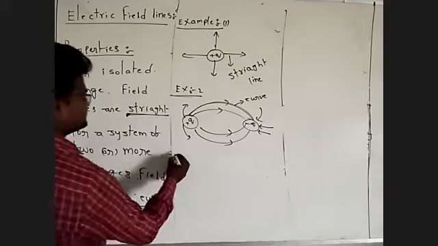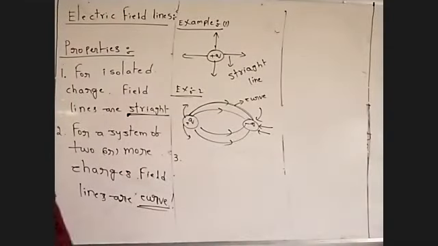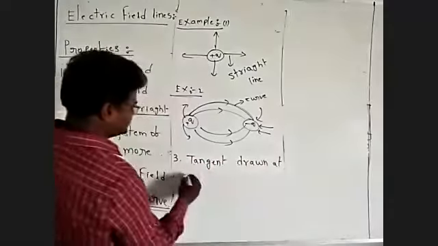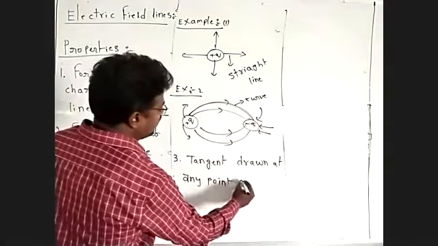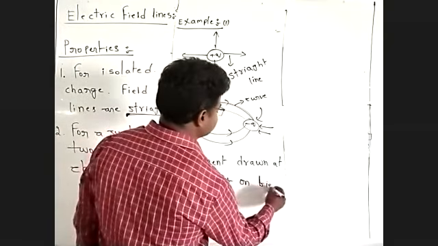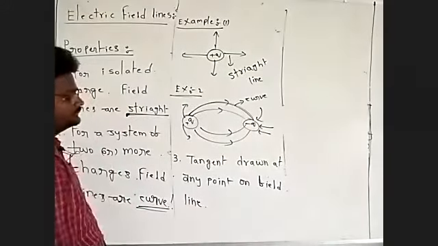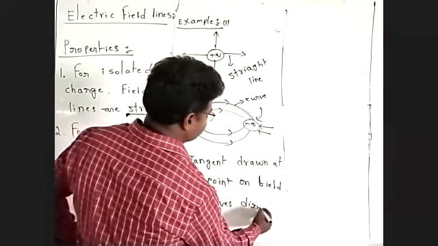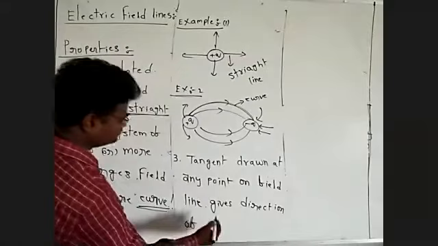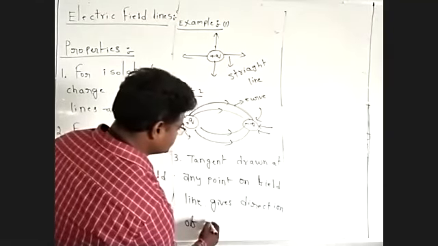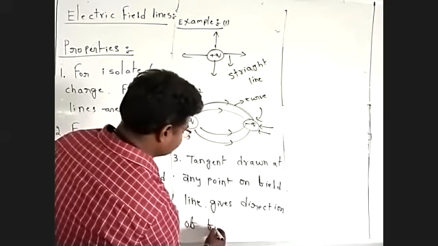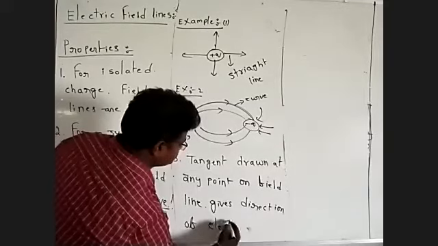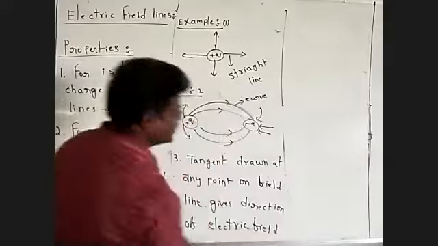Next, third point is tangent. A tangent drawn at any point on the field line gives the direction of the electric field at that point.